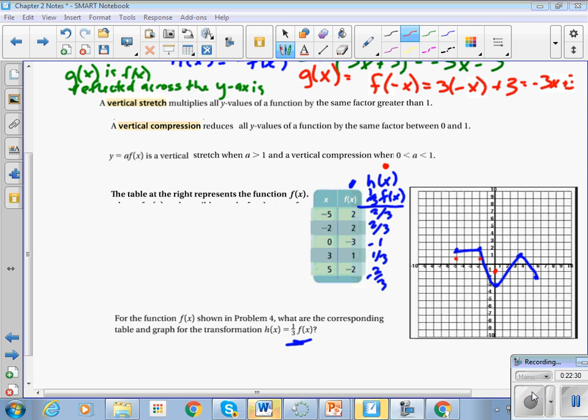At 3, we're going to be at 1/3. And at 5, we're going to be at -2/3. So my new graph is going to be almost the same as our old graph, but just shorter and compressed.